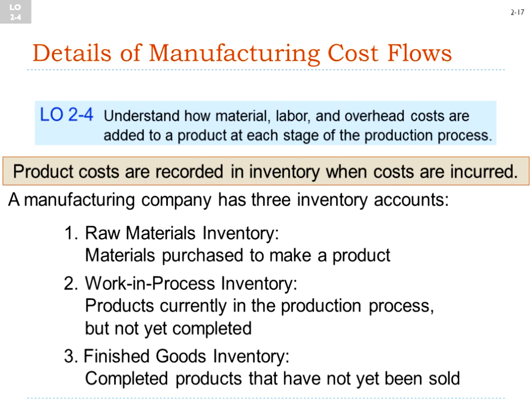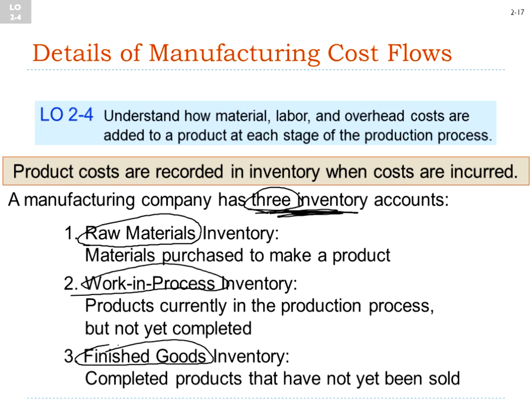All right, this slide, what I want you guys to pay attention to is the 3 different inventory accounts. A manufacturing company has 3 inventory accounts: the raw materials account, work in process, and finished goods. It's pretty self-explanatory. Going back to the furniture maker, when he buys his wood, that's going to go into the raw materials account.